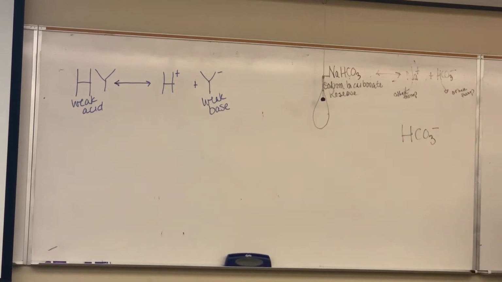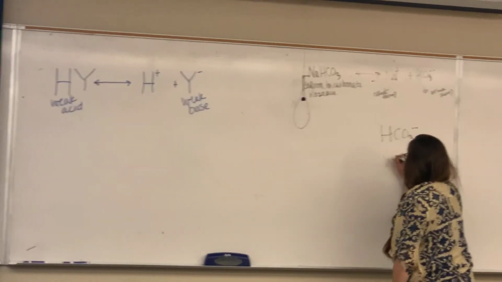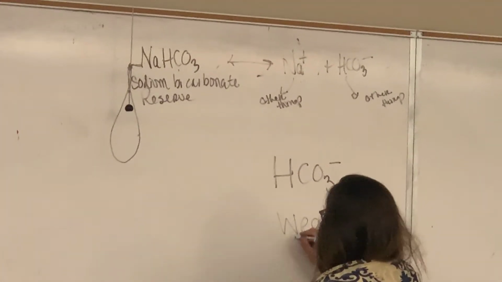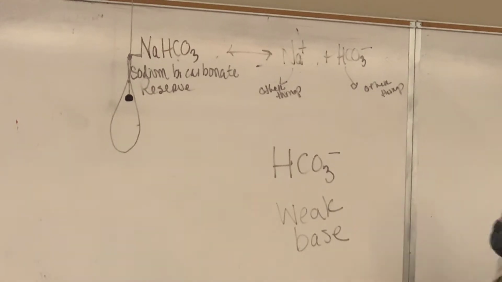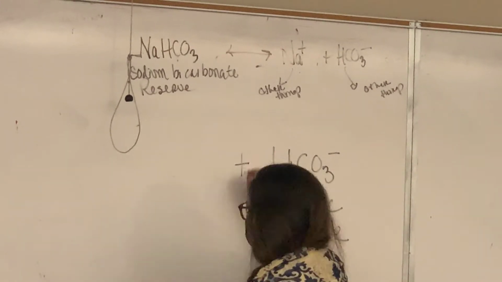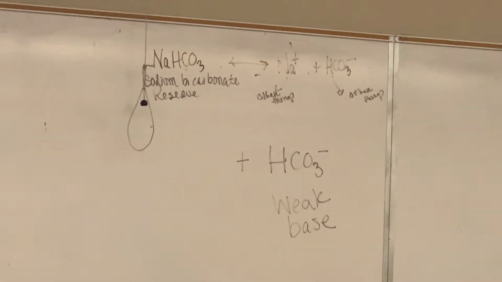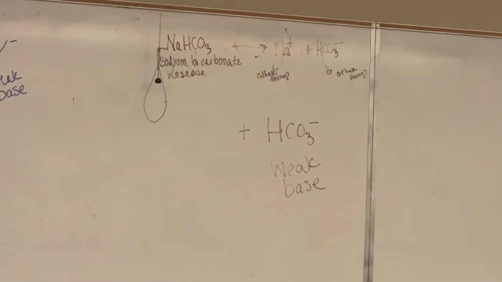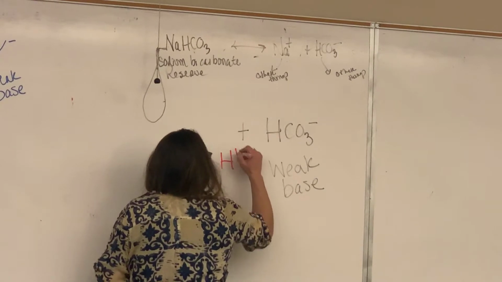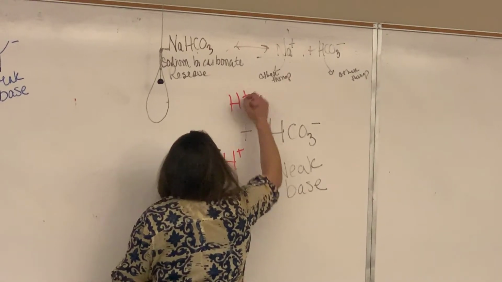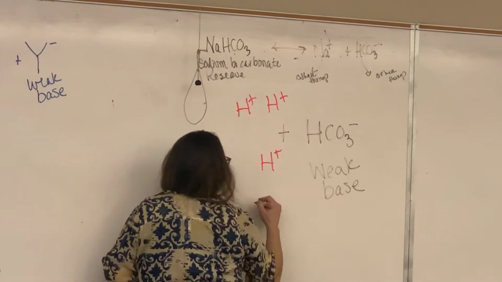Okay. What the bicarb can do, bicarb can act as a weak base. It can act as a weak base, and it can absorb hydrogen ions. So let's say we're producing a lot of lactic acid, and let's say that we've got a whole bunch of lactic acid floating around, and it's causing our pH to drop.